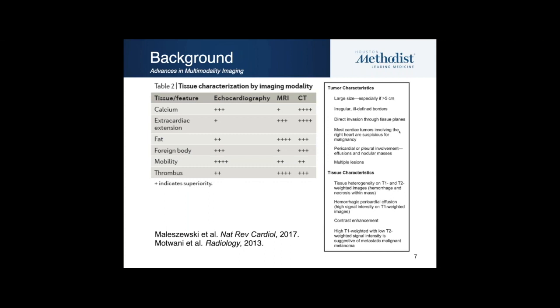So these are all different characteristics that the different sequences of cardiac MRI use to increase the specificity of detecting a cardiac malignancy to 0.9 area under the curve for receiver operating characteristic. So we've made tremendous advances in non-invasive diagnosis of cardiac tumors.